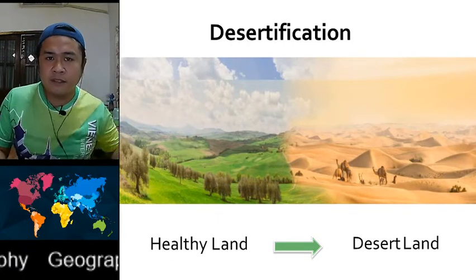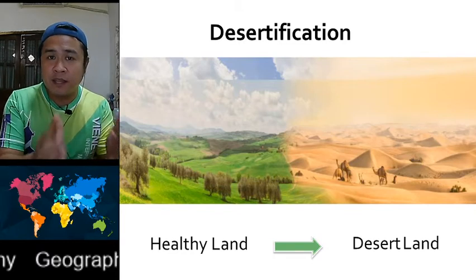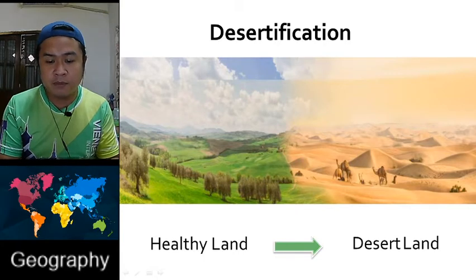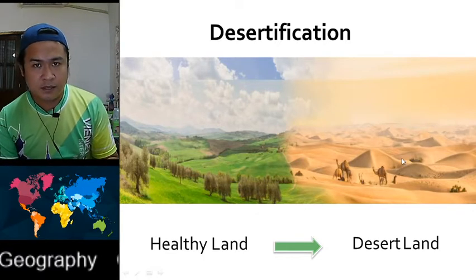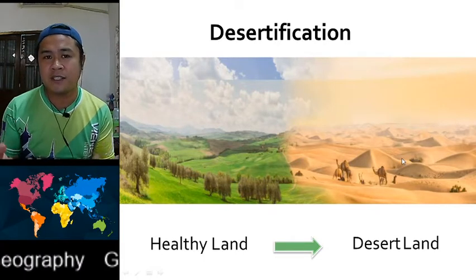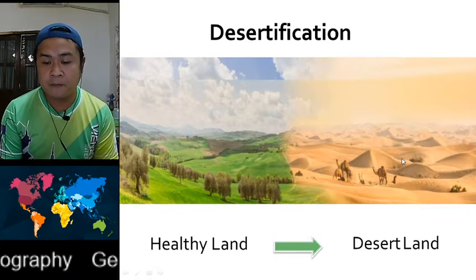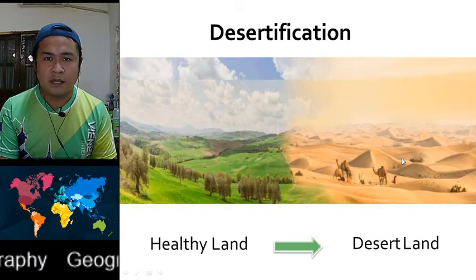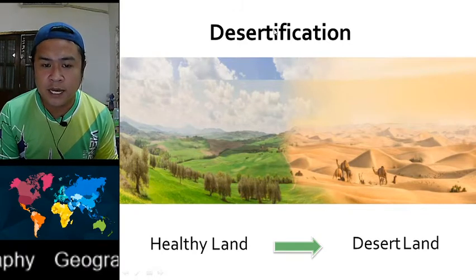Now, desertification is when this picture here, which is a healthy land, becomes this, or a place with a desert-like condition, or some will really become a desert. So as you can see, it has the word desert.